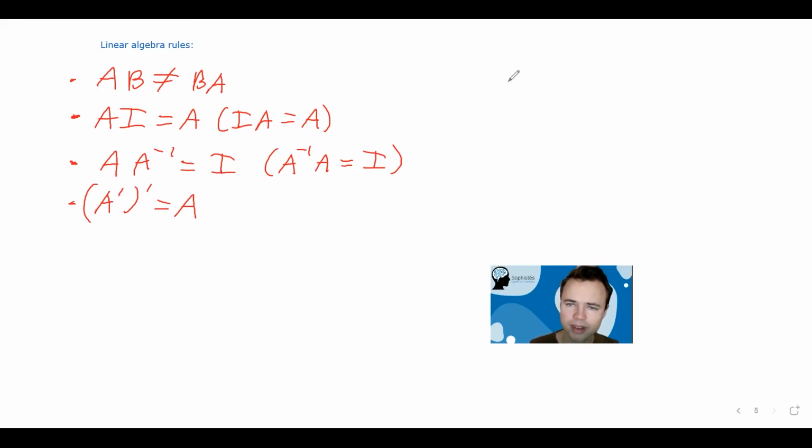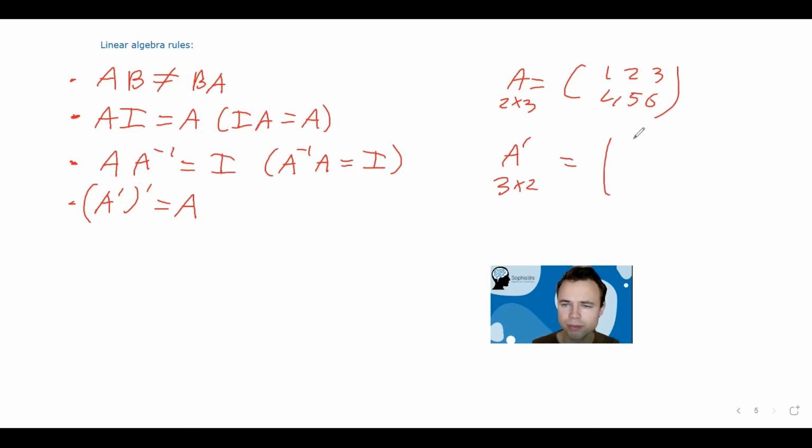If A is 1, 2, 3, 4, 5, 6, which is a 2 times 3 matrix, and I transpose it, the first row becomes my first column. Remember, that was what the transpose was. And my second row becomes my second column. So that's what we have here.